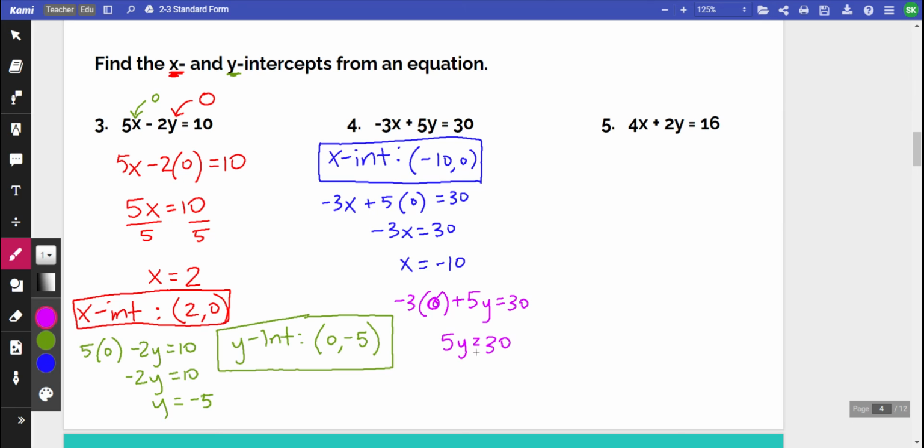And if we divide both sides by 5, we get y equals 6. So the ordered pair for the y-intercept in number 4 is (0, 6).